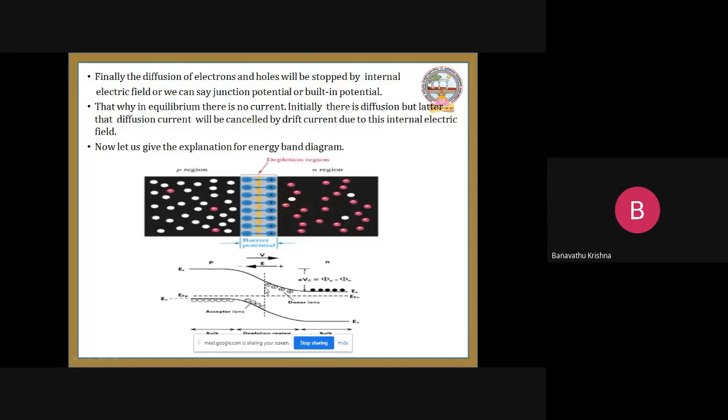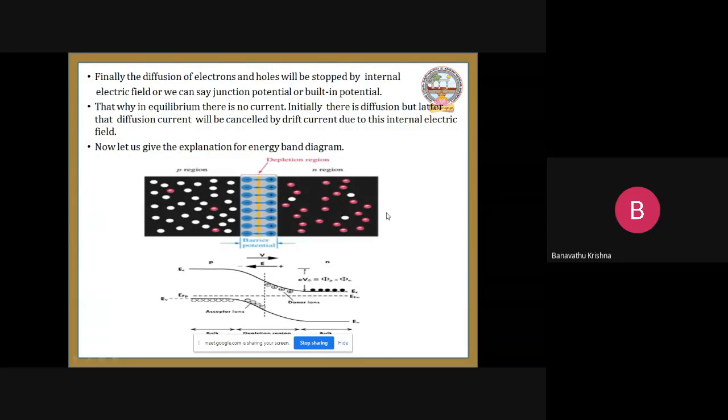Next slide. This is the energy band diagram for the equilibrium condition of the p-n junction. Suppose you apply an external force: for the positive charge region, you can apply the positive terminal, and for the negative charge region, you can apply the negative terminal.